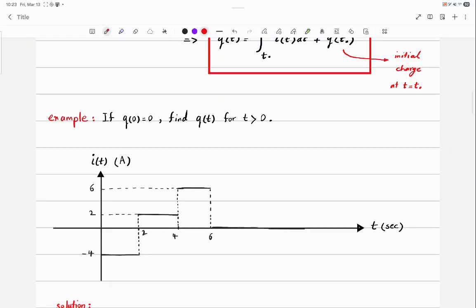Now, if q of 0 is 0, find q of t for positive time. First of all, tell me what is t0 for this specific example. 0, right? This is t0.